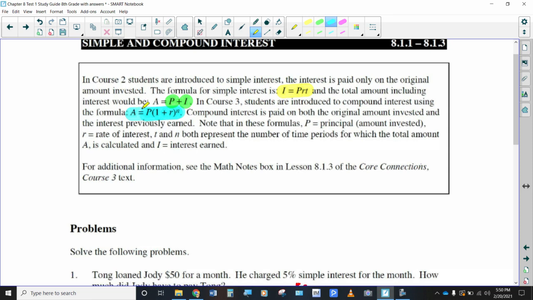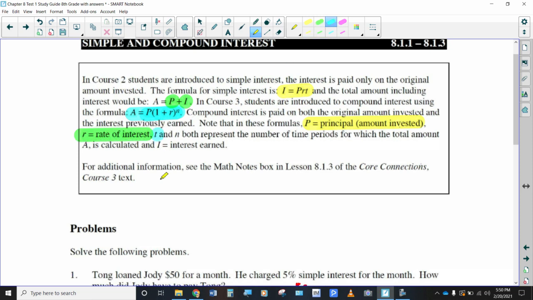So it really comes down to you understanding all the different parts, which you should have in your notes from the work that we've done this past week on these concepts. Just remember, principal, P, is the amount that you start with, whether it's you investing money into an account, like a savings account, or borrowing money for a loan. The interest rate is always given as a percent, and you convert that to a decimal number.